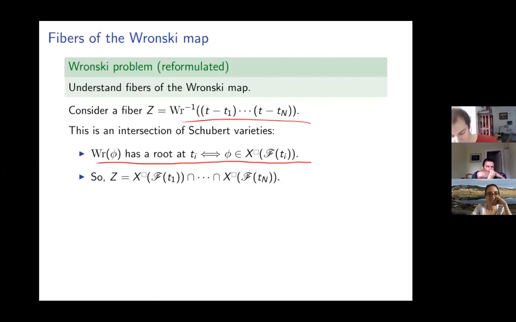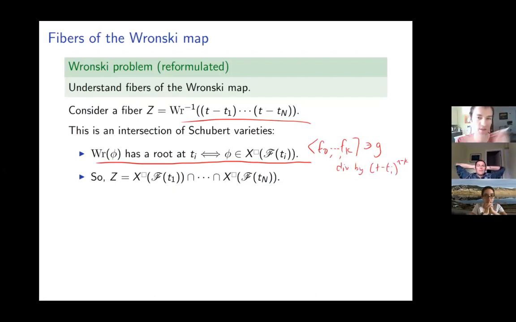It means that our space f0 through fk has some element g that is divisible by t minus ti to a high order, something like t minus ti to the n minus k. If you sound this out, you can exactly figure out why this corresponds to having a flex in the curve. So that's for one root.